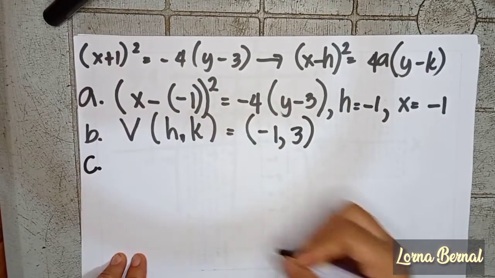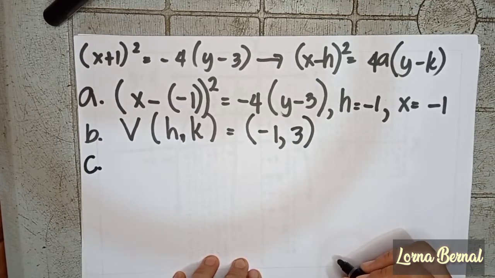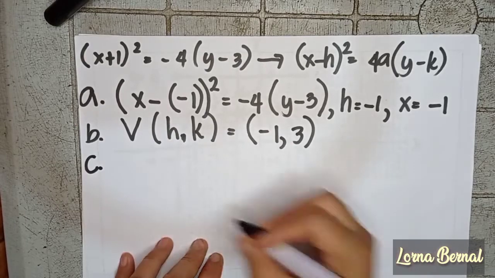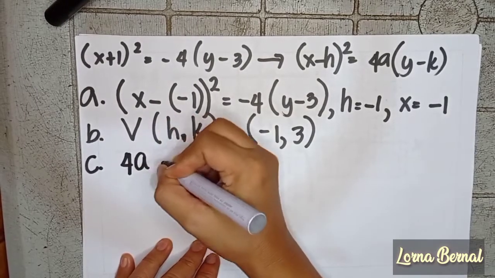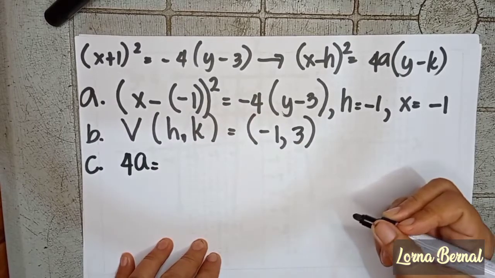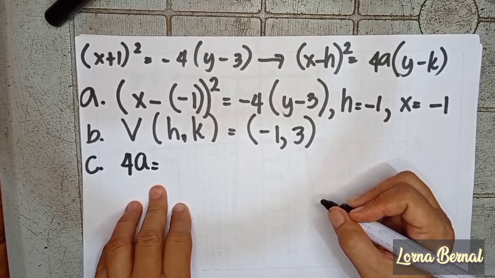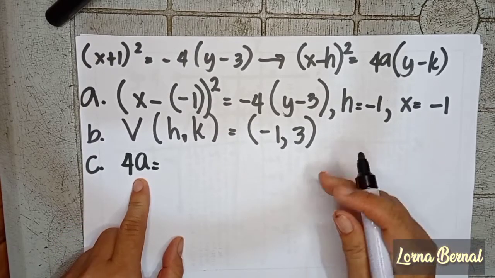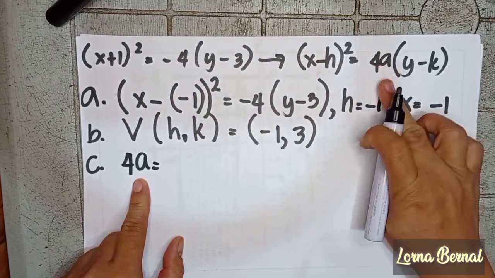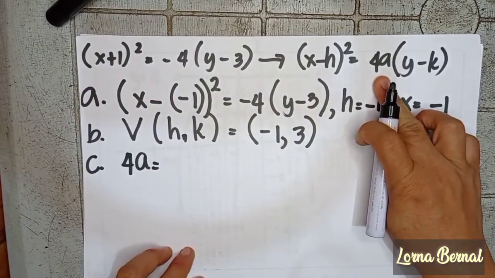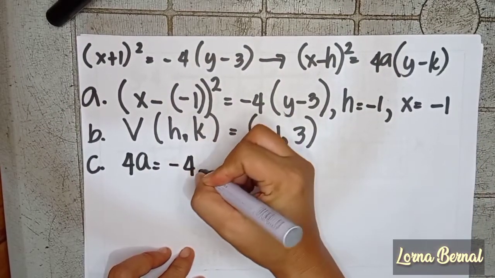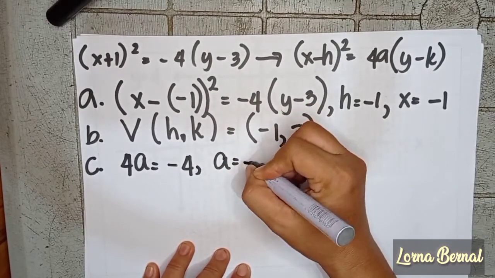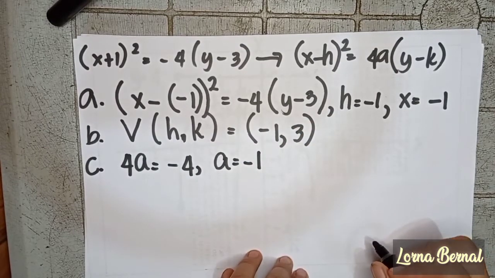Next, let's consider the focus. If you still remember, in considering the focus, we have 4a, which is equal to −4. Therefore, a is equal to −1.